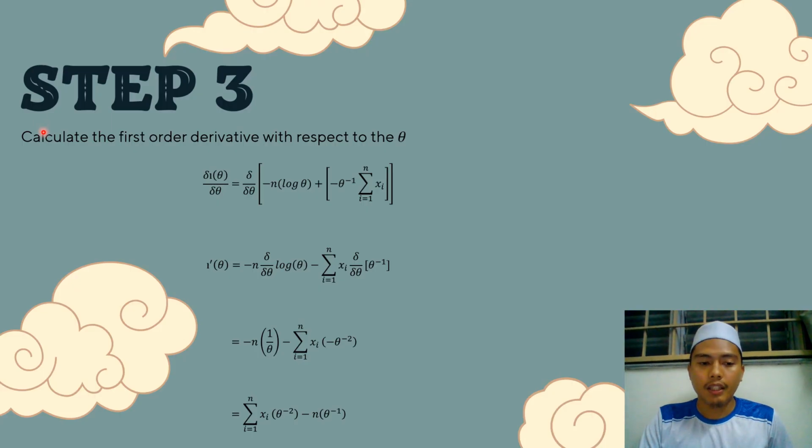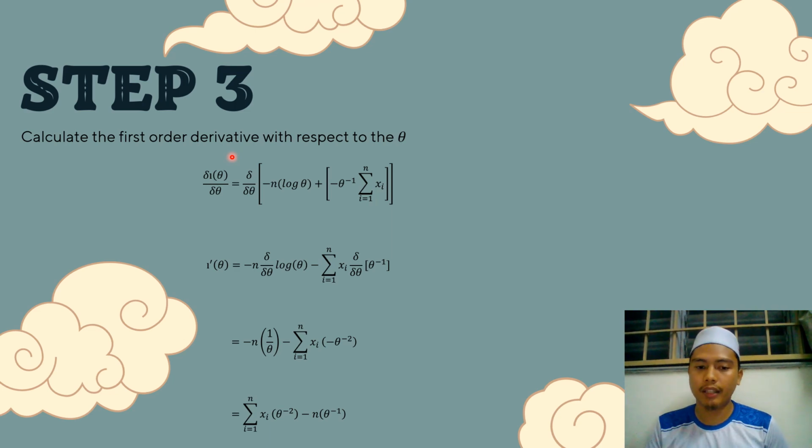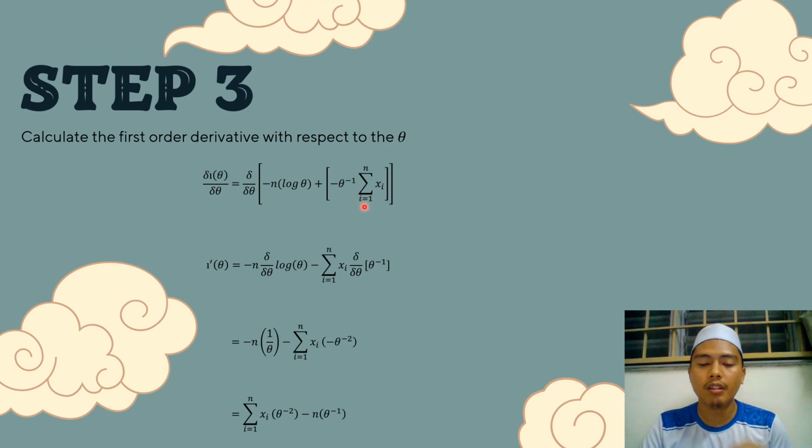Step 3. In this step, we calculate the first order derivative of the log likelihood function with respect to theta. So we start the equation like d over d theta of negative n log theta plus negative theta power of negative 1 times summation of x.